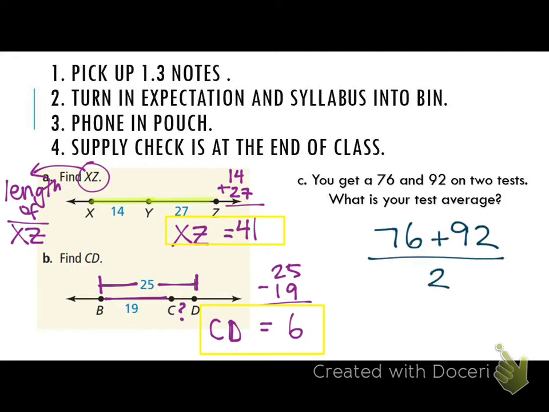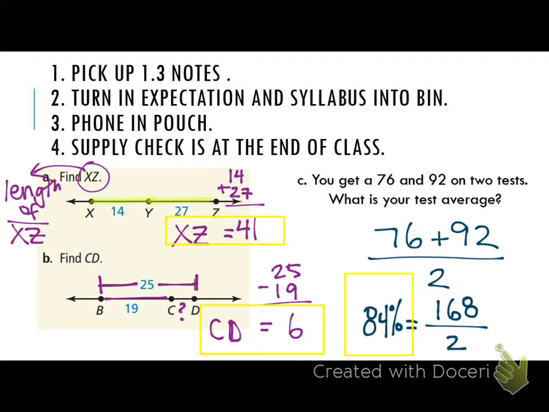And then we're going to end up dividing them by 2. This is the same process you will do for a midpoint. What is 76 plus 92? Correct. 168. And then divide by 2, that would be an 84, which means 84 is the midpoint, if you will, between a 76 and a 92.